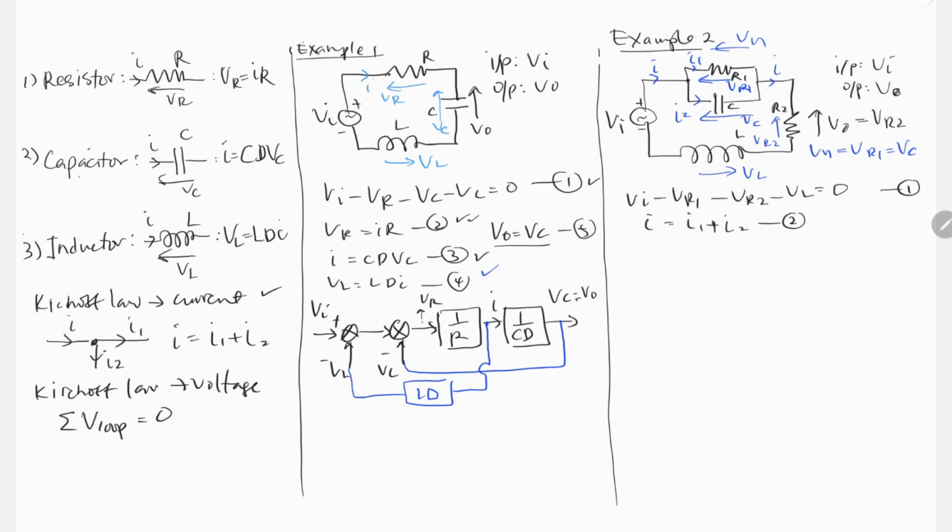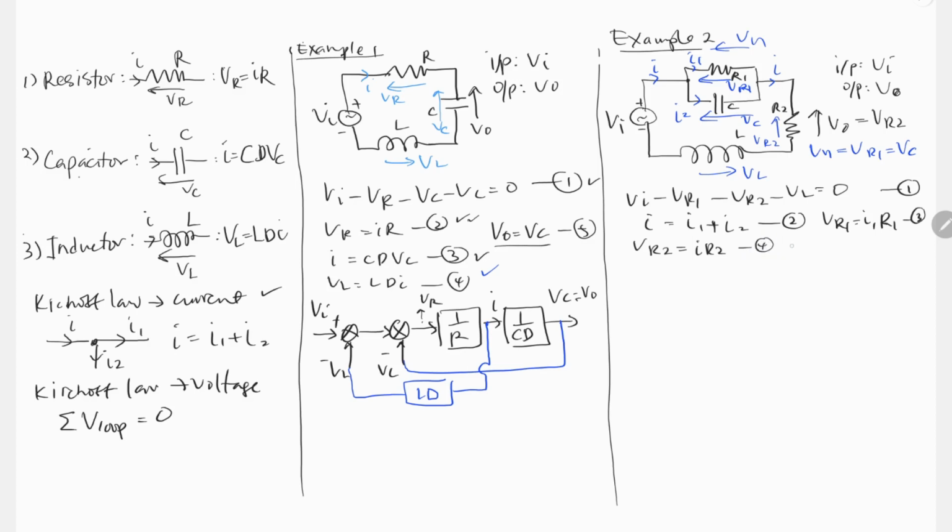So the individual equations we may write: VR1 equals I1 R1, say this is number 3. VR2 equals I R2, number 4.